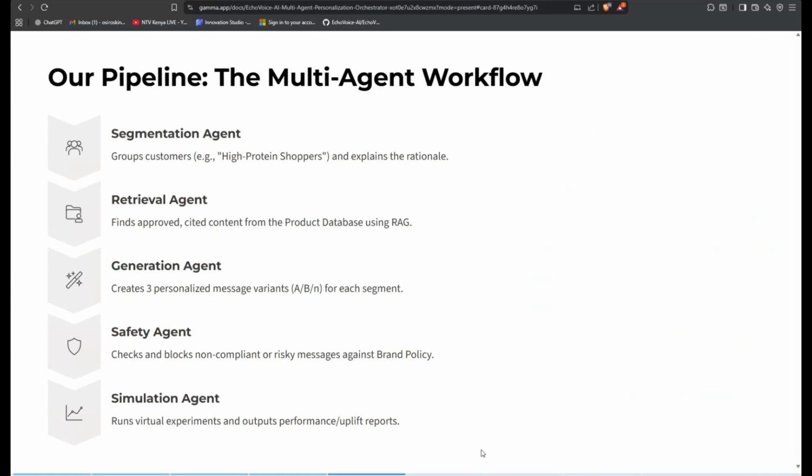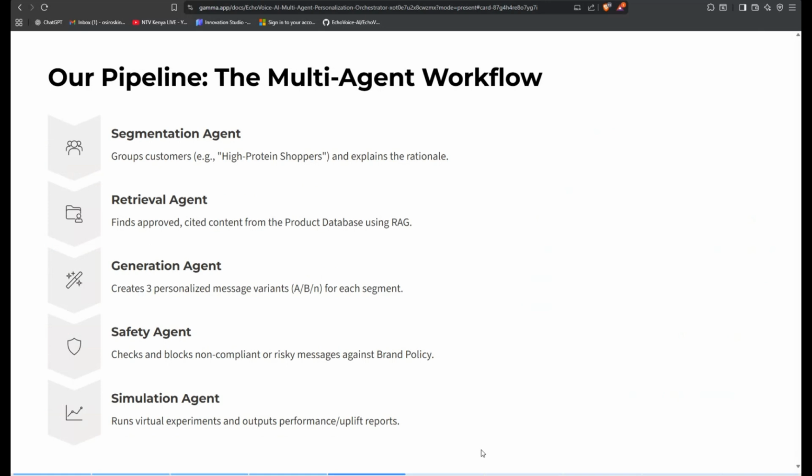The second step, we have the retrieval agent, which finds approved cited content from the product database. That's where the RAG comes in. The third, we have the generation agent, which creates three personalized variants for A, B, and N testing for the segment. The fourth one, we have the safety agent, which checks and blocks non-compliant risky messages and assures adherence to the brand policies.